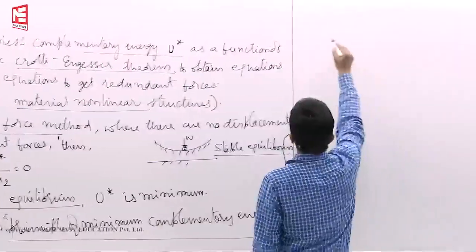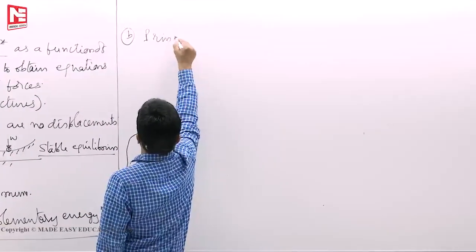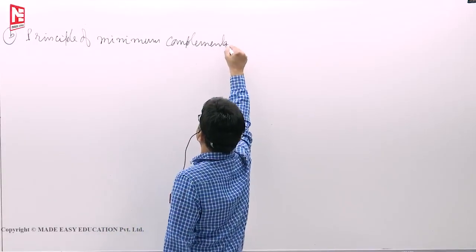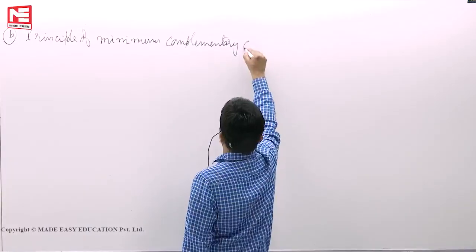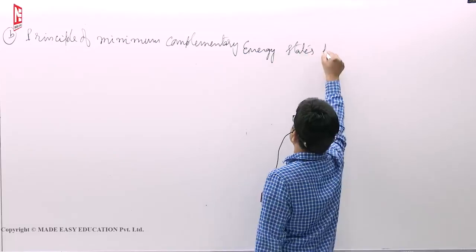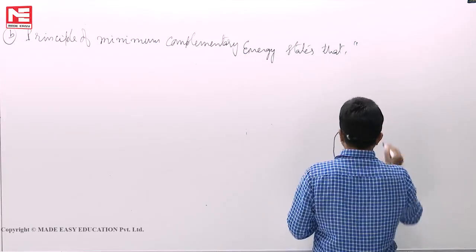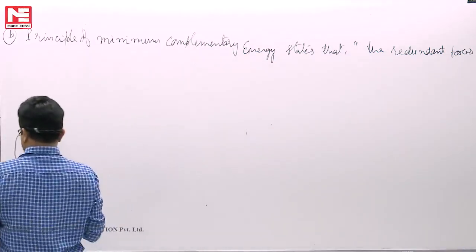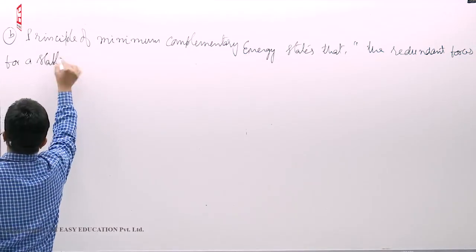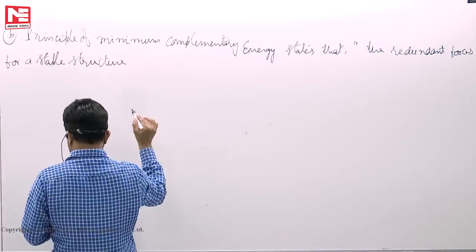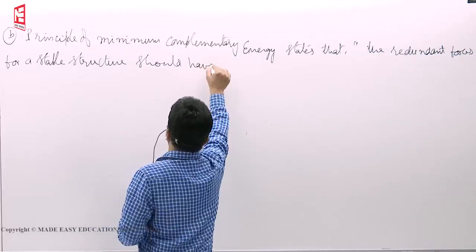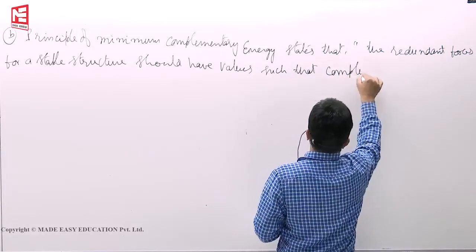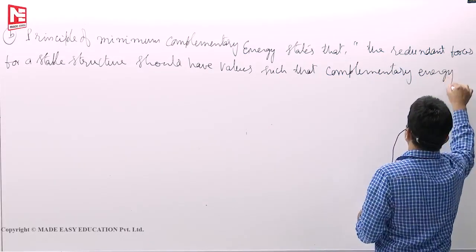Now, what this tells you, second point: the principle of minimum complementary energy states that the redundant forces for a stable structure should have values such that the complementary energy is minimum.